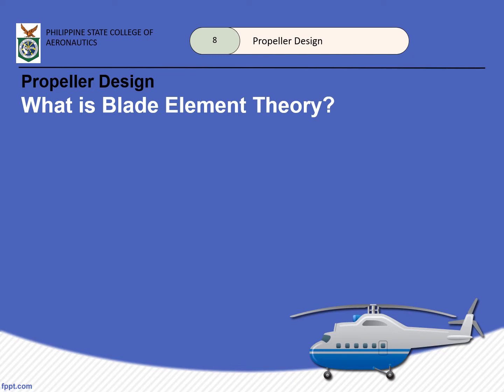Ma-appreciate nyo to kapag ginagawa nyo na yung activity. So, the blade element theory works well for light-loaded 2 to 3 blade propellers, except near the hub. The foundation of this theory is the airfoil wing theory. So, kindly remember na ang assumption for blade element theory natin, 2D lang yung flow.